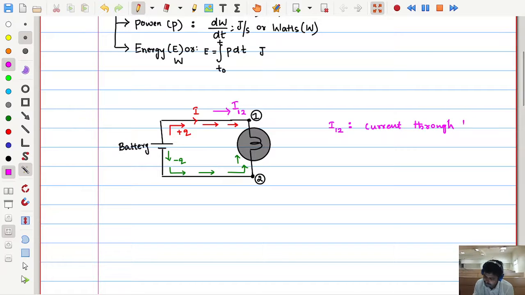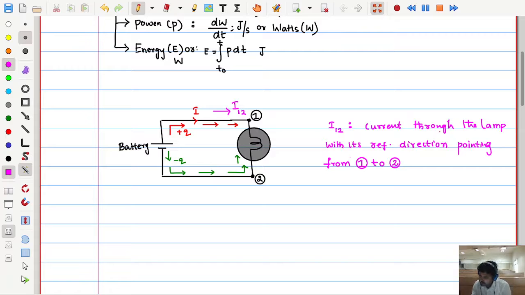The current through the lamp, with its reference direction pointing from 1 to 2. This is the meaning. Clear?